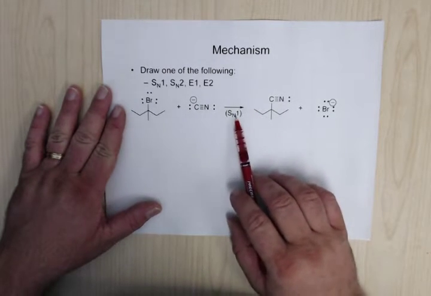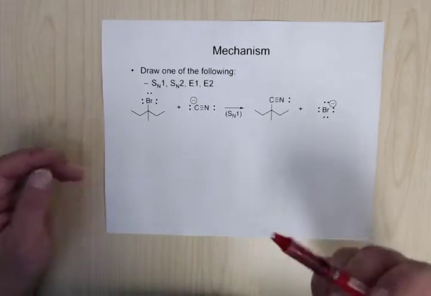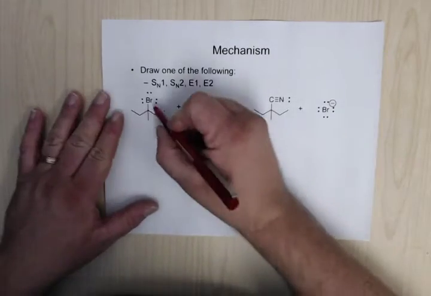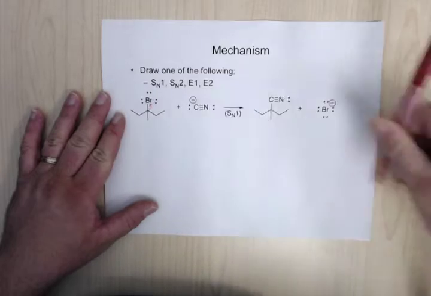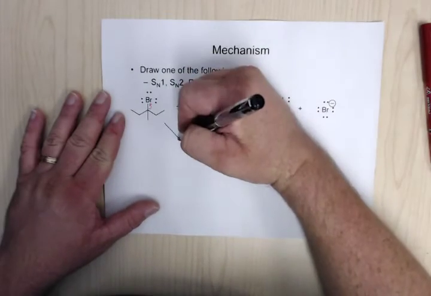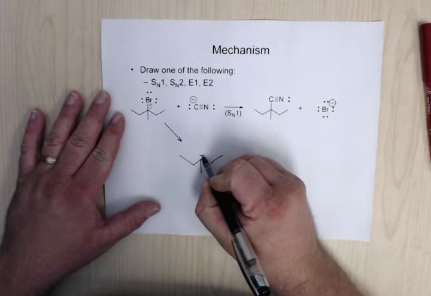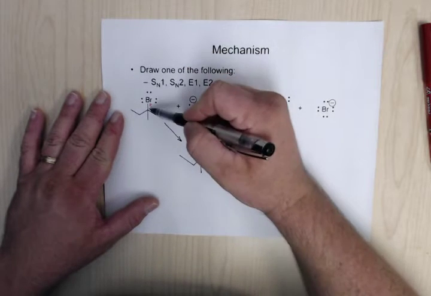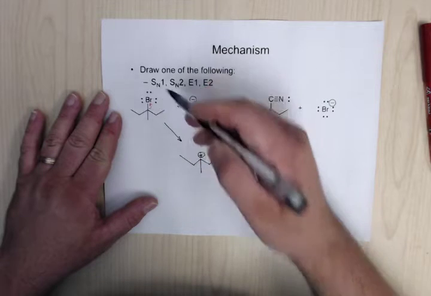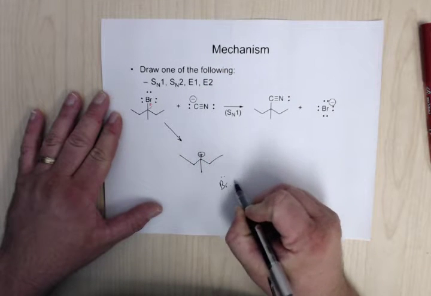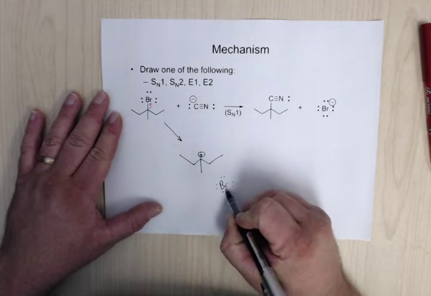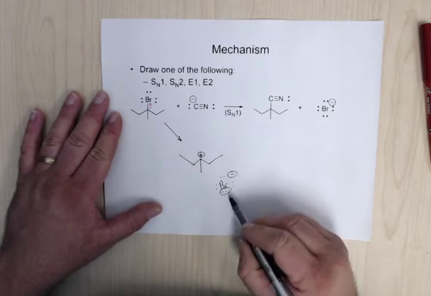So for the SN1 and E1, the first step is always going to be the leaving group leaving, to get a carbocation intermediate. So that's going to go away. So these two electrons are going to go up onto that bromine to form this new set of lone pairs here.